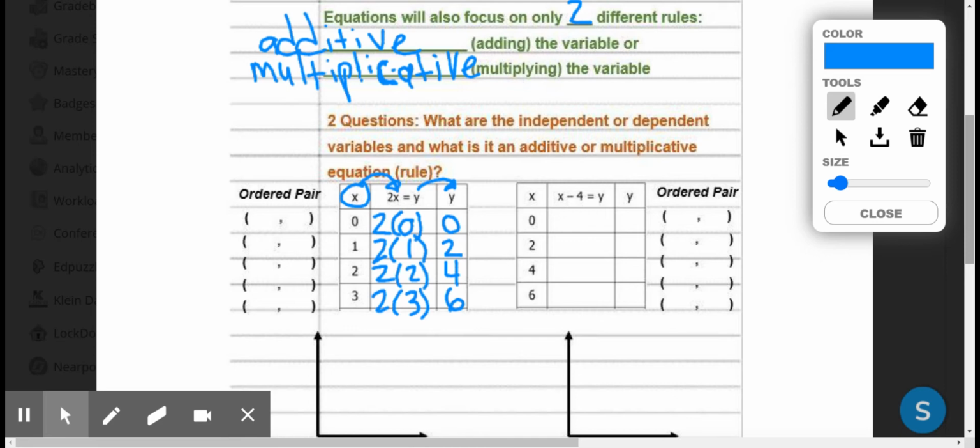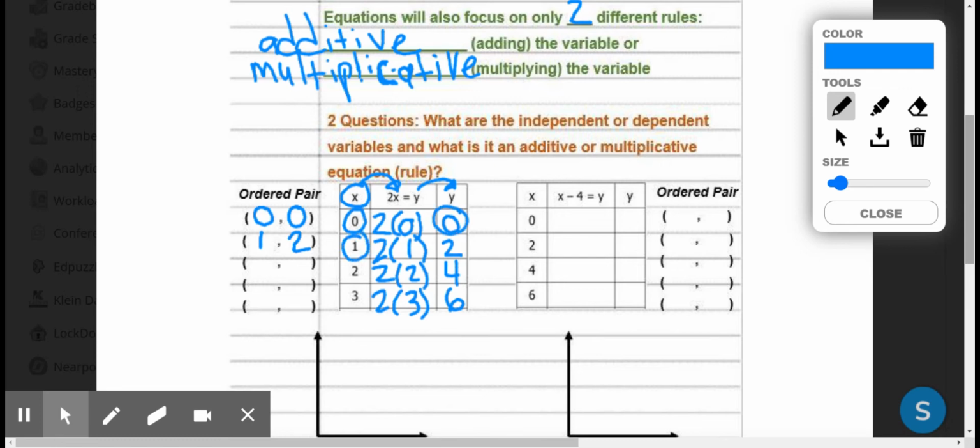What we're going to start doing with this is take the input-output. They make an ordered pair when you have the x and y paired together, and we can start graphing these. So 0, 0; x is 1, y is 2. I'm just pulling them out of the table here.